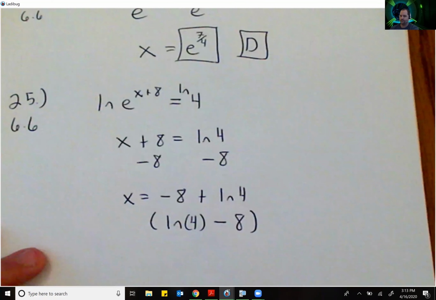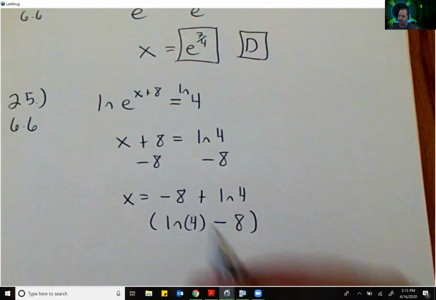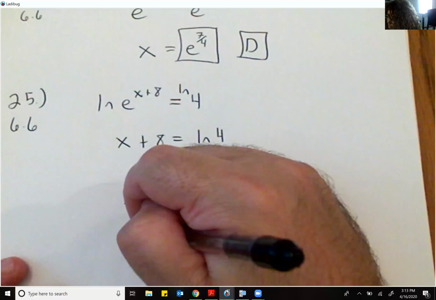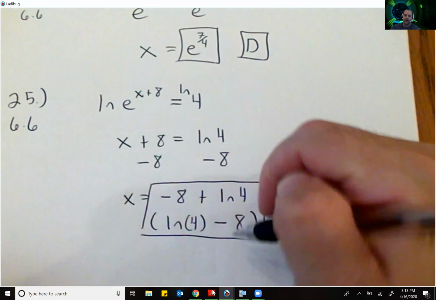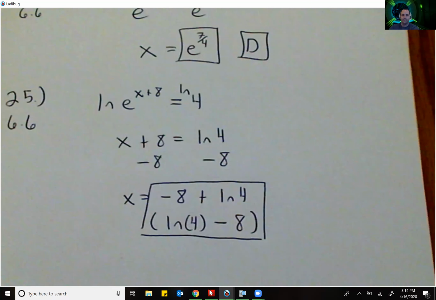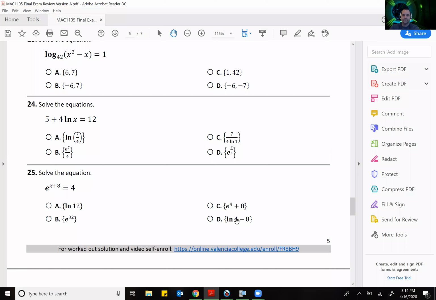Both of those are correct. And if we go back and look for our answer, there it is. ln of 4 minus 8. It really should be in parentheses right there, because to me, this looks like I need to subtract the 4 and the 8.